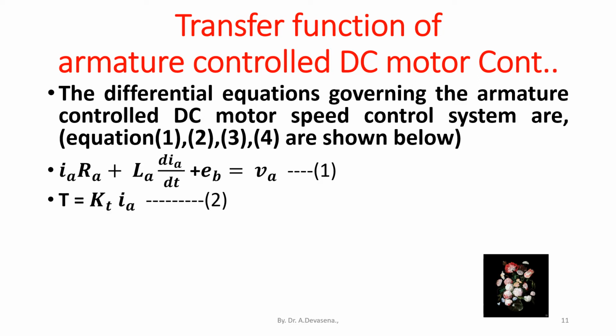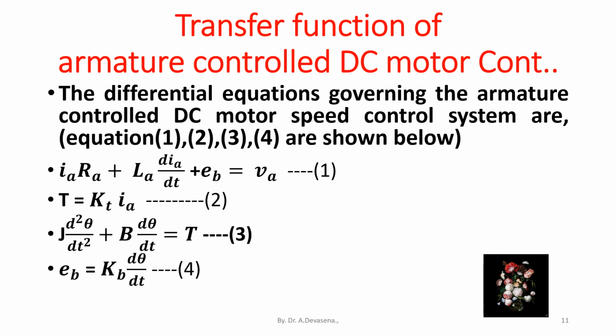T is equal to K_T into I_A. This is our equation 2. J d square theta by dt square plus B d theta by dt is equal to T. This is our equation 3. And E_B is equal to K_B d theta by dt. This is our equation 4.